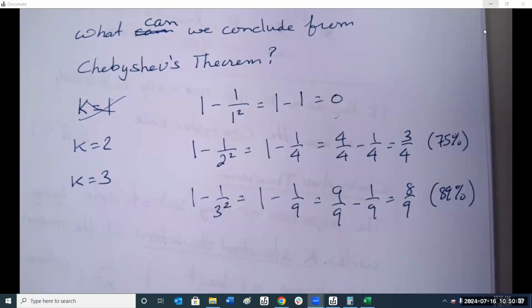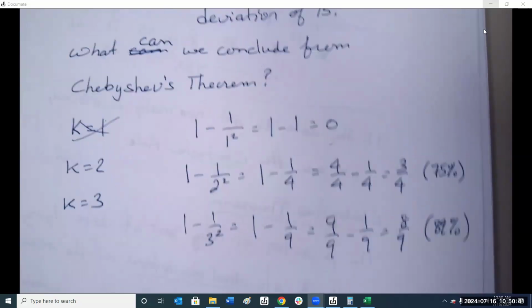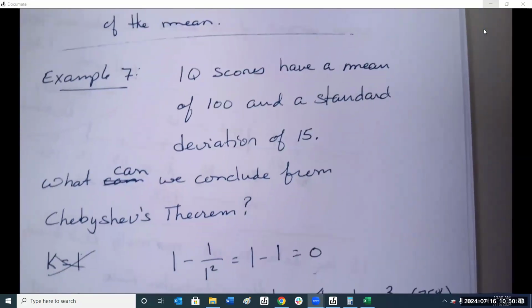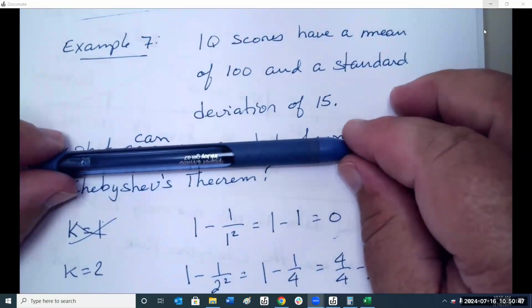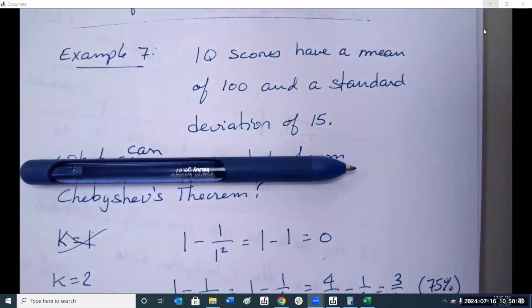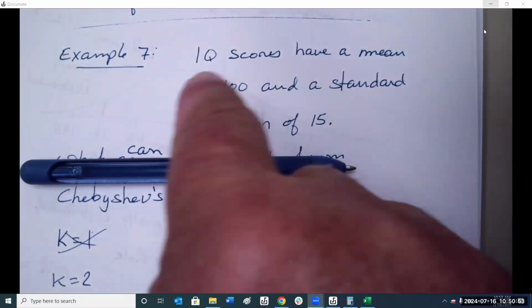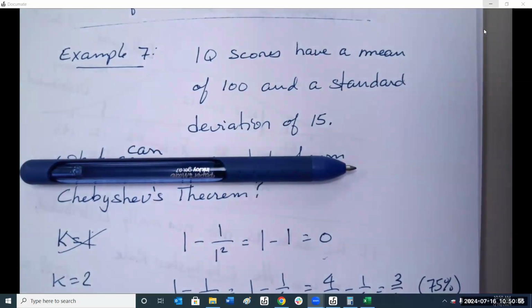So far, so good. How do we know in example 7 that we have to use Chebyshev's, besides what the statement said? Because the statement never told us that the data was normally distributed.